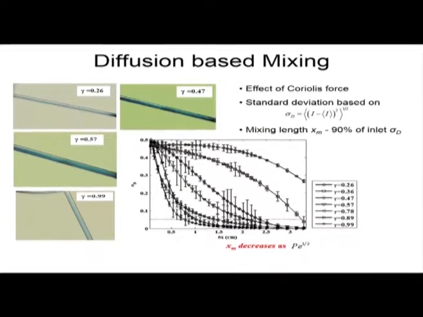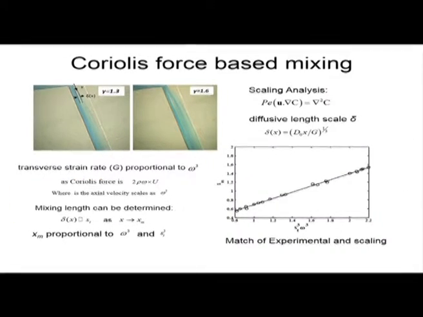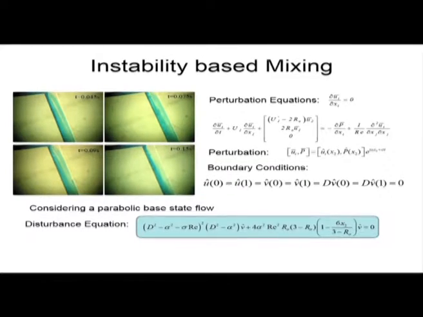That means the standard deviation of intensity can be an indicator of the efficiency of mixing. We have done numerical studies on mixing for these platforms, and some analytical estimates on the Coriolis force based mixing, and for instability based mixing we have done the perturbation analysis, and based on it we have figured out the following.